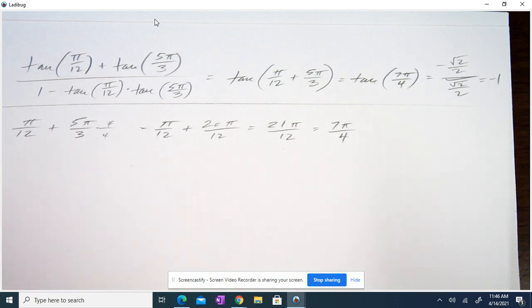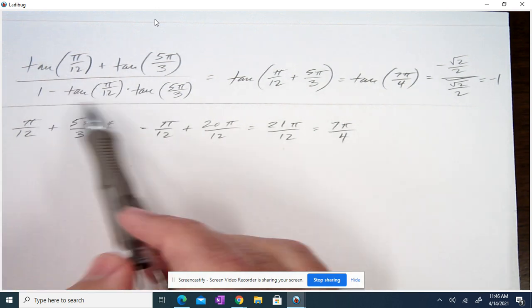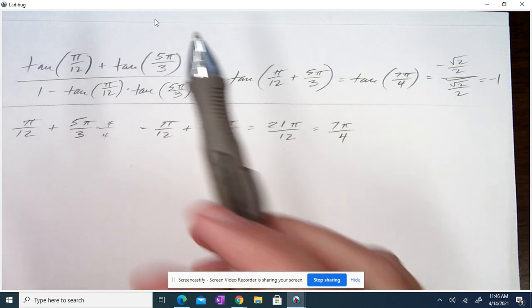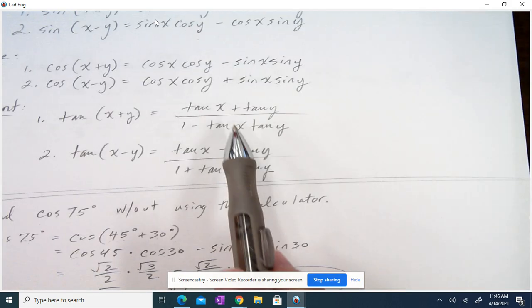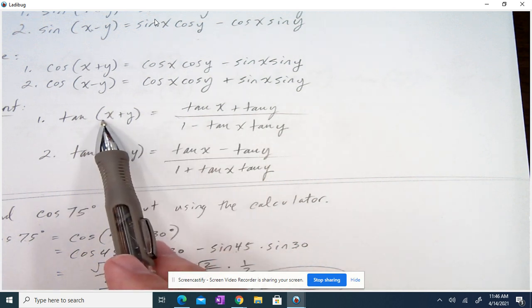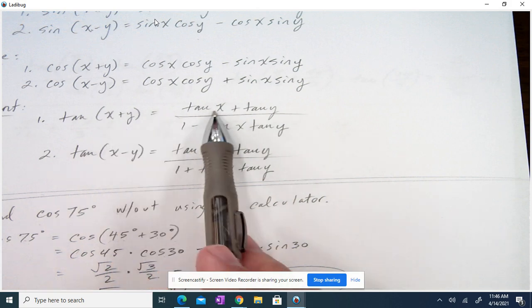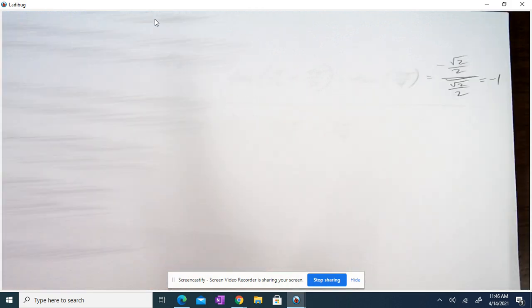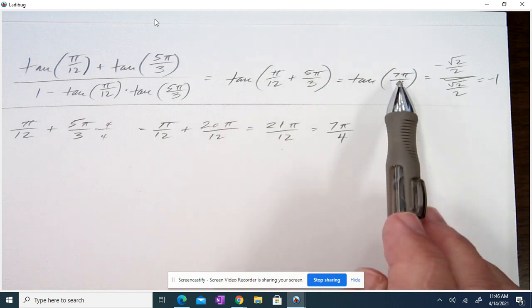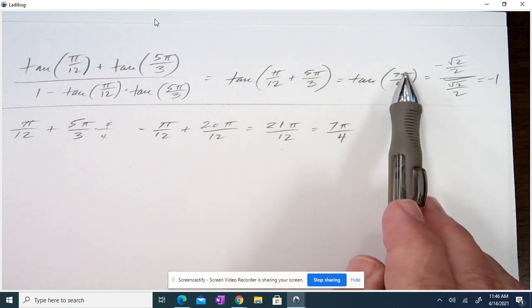Let me go back over it. I have this complicated expression, which matches this formula, which means I can work it backwards to this more simplified expression by just adding those two angles together. So I added those two angles together, which gives me tangent of 7 pi over 4.